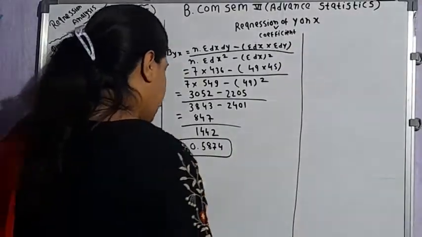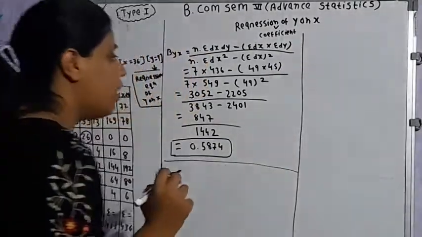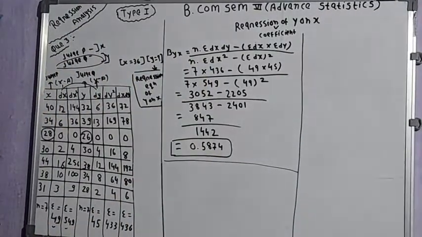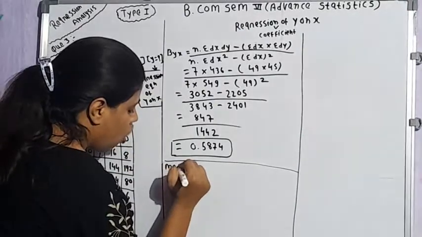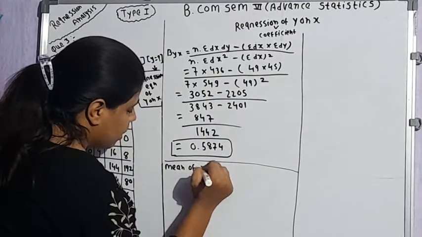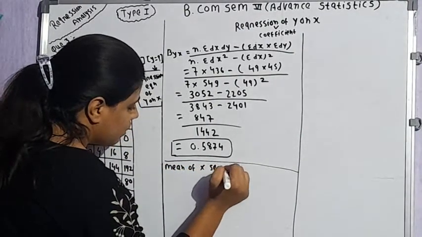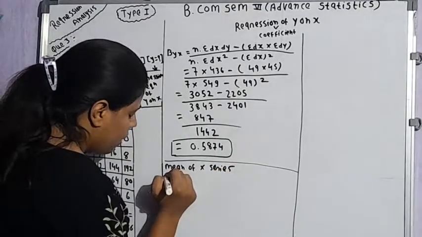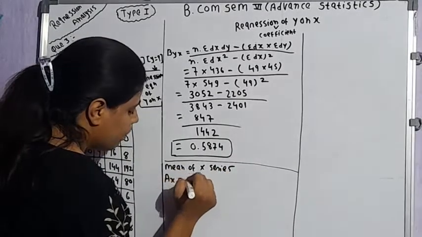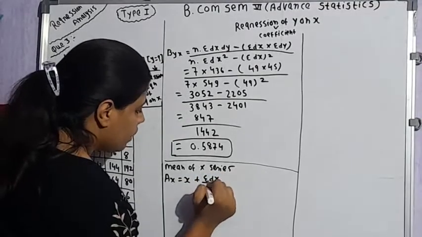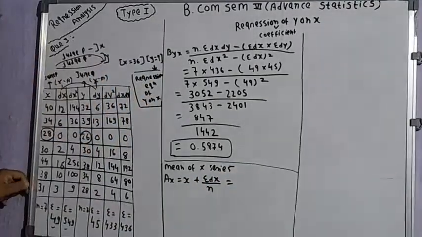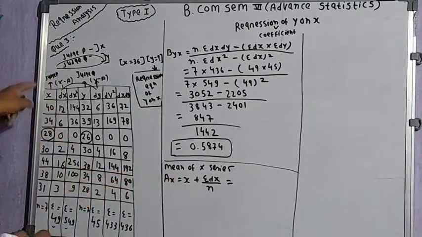Okay, what do we need to calculate further? For finding out the regression equation of y on x, we need to calculate the mean of x series. What is the formula? A x is equals to x plus summation dx upon n. What is the meaning of x? It is the assumed mean from x series.